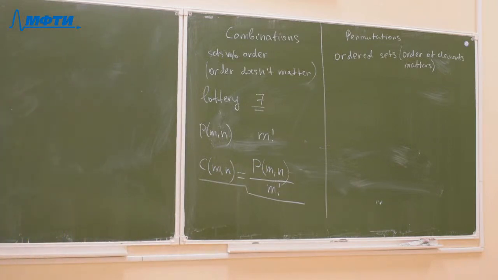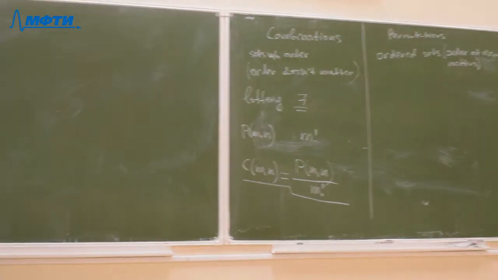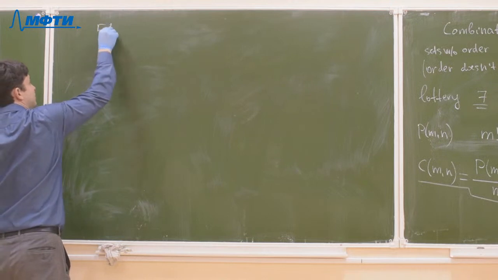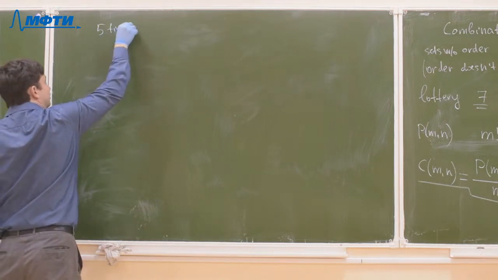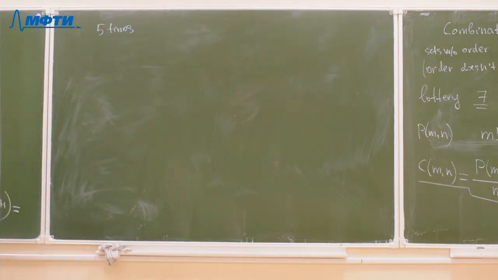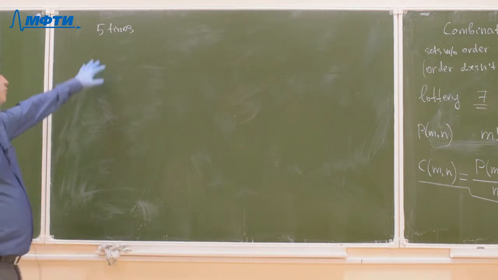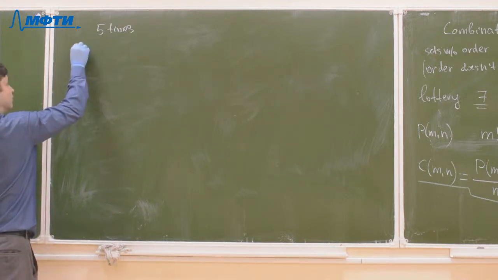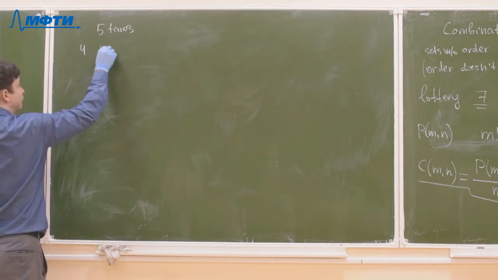Let's now consider the following subject. Let's say that I toss a coin 5 times, and I want to calculate the probability that out of these 5 times I have 4 times the 0 result.